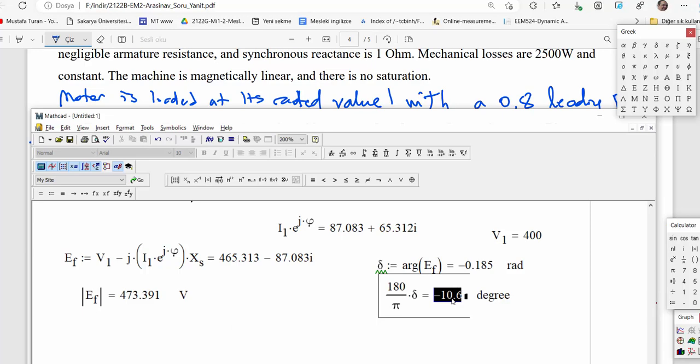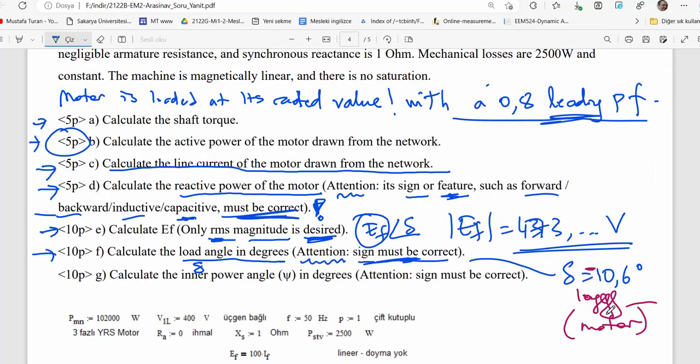Here it is, minus 10.6 degrees. We have already done this. Okay, let's calculate the final question. Calculate the inner power angle, which is psi, in degrees. Attention, the sign of psi must be correct.